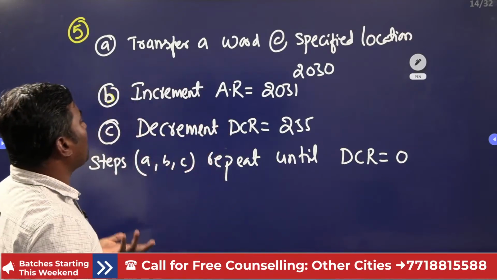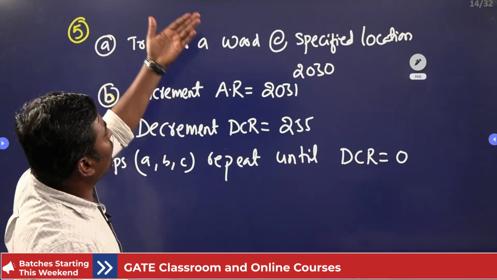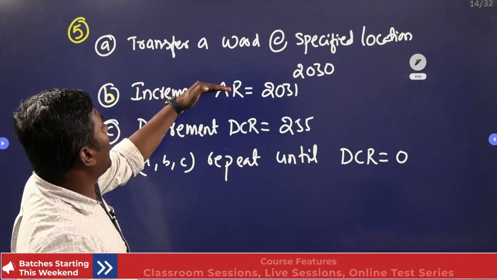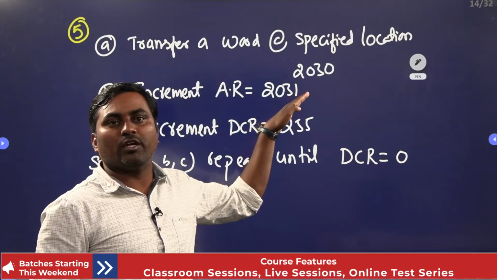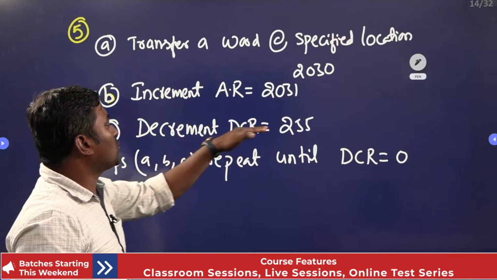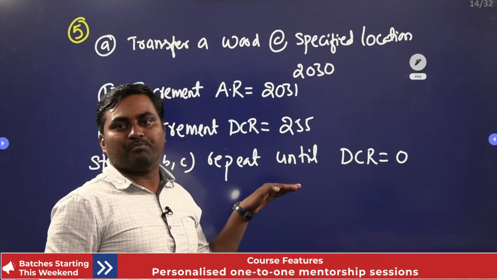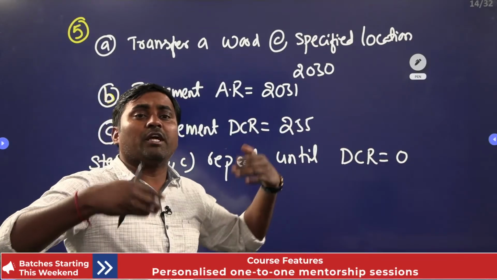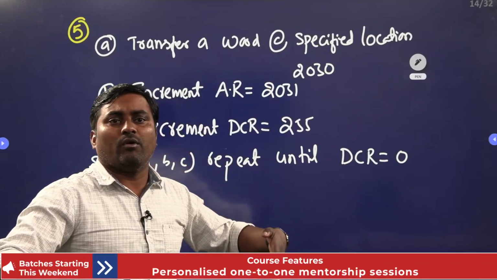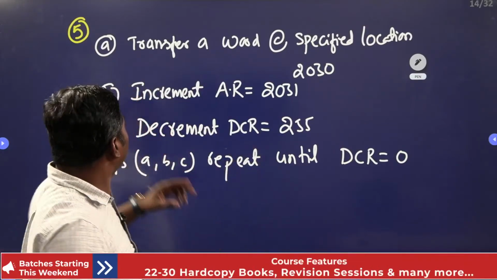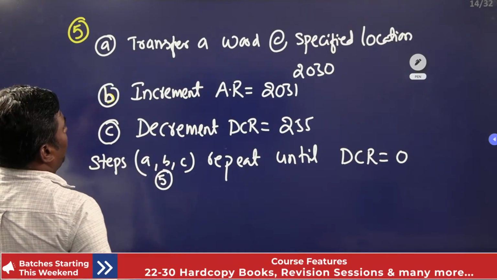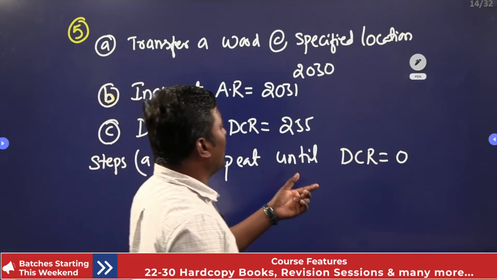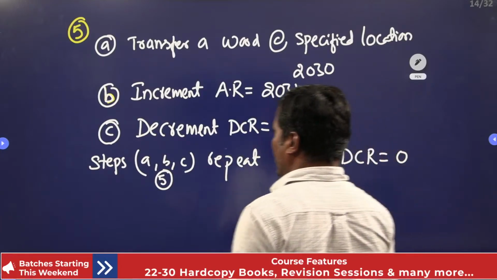For the next word, you transfer one more word and increment the address register to 2032, and decrement the data count register, so 254 it will become. Every time, increment the next location and decrement the count. Continue step number 5, ABC, until the data count register becomes 0.